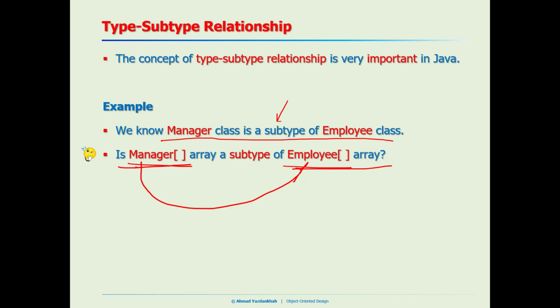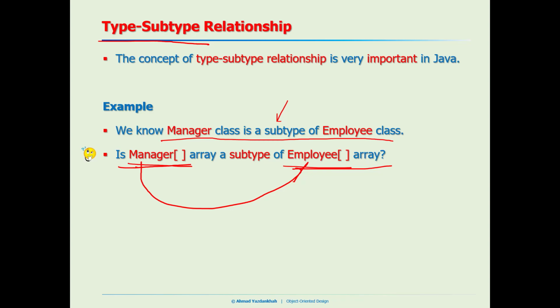So these kinds of questions are valid questions, and how can we answer them? We need a precise definition of when we can say there is a type-subtype relationship between the entities that we are familiar with, right?